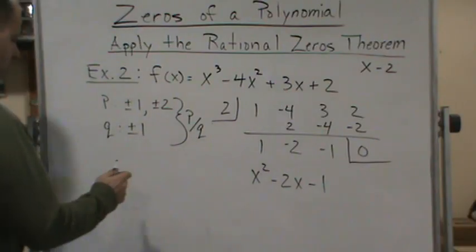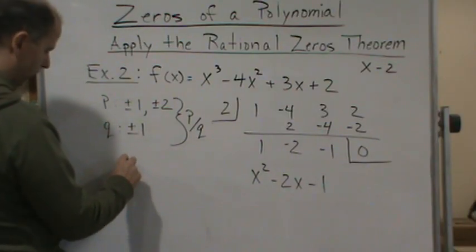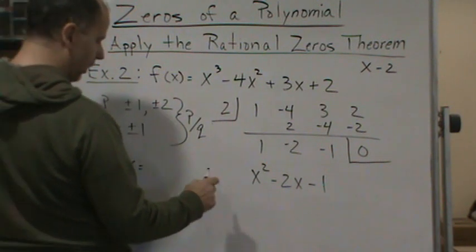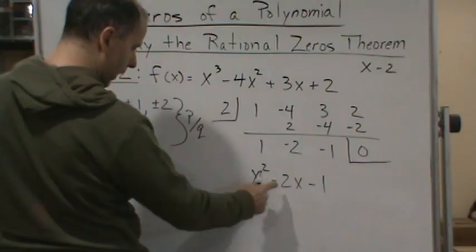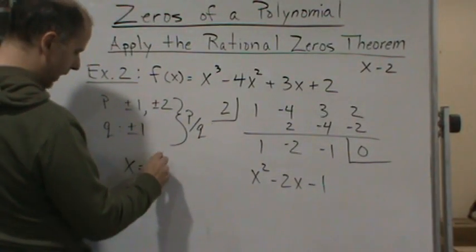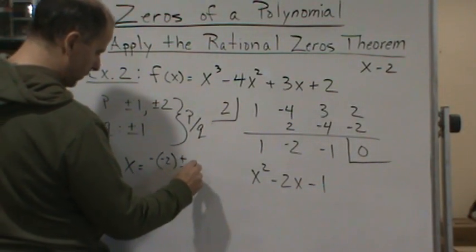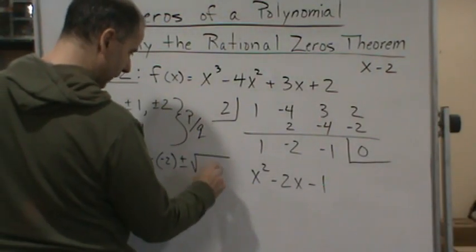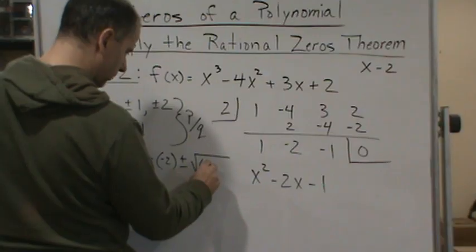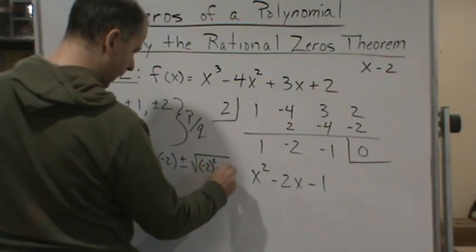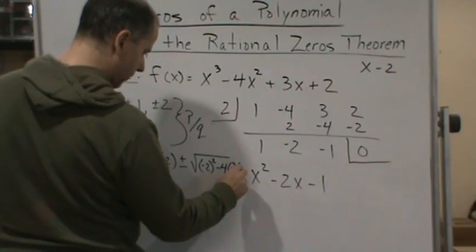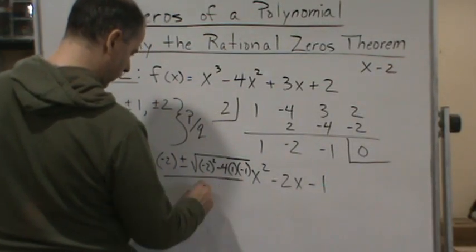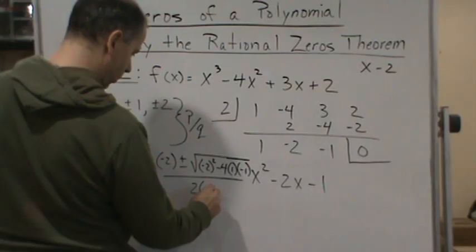So that won't work. So guess what? We have to use the quadratic formula. So we're going to use x equals negative b plus or minus the square root of b squared minus 4 times 1 times negative 1, all over 2 times 1.